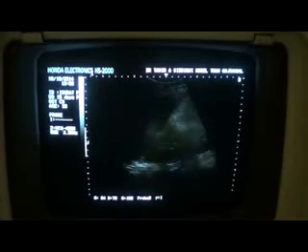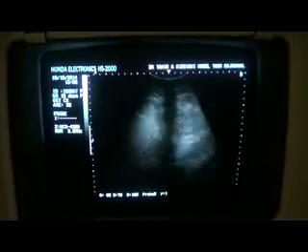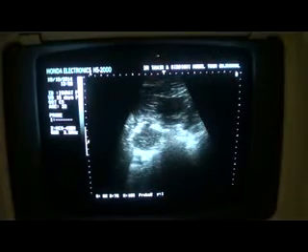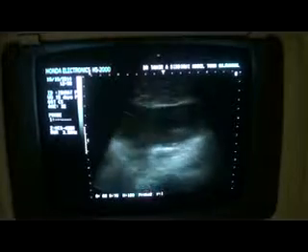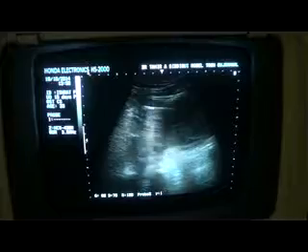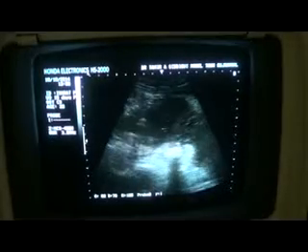This is the left hemidiaphragm and spleen. This is the kidney showing the same changes as we saw on the right side. So this is our case of the day. Thank you very much.